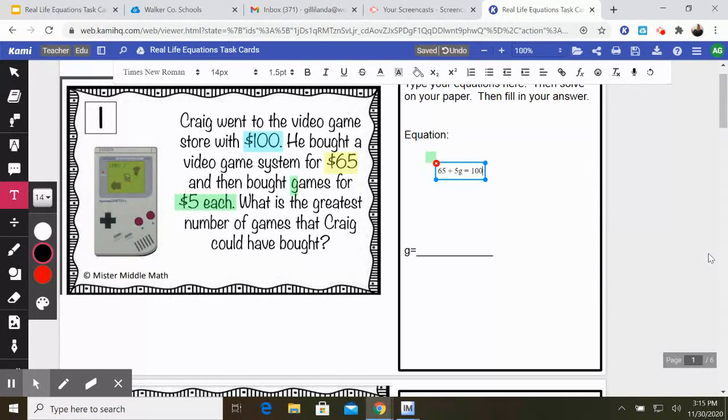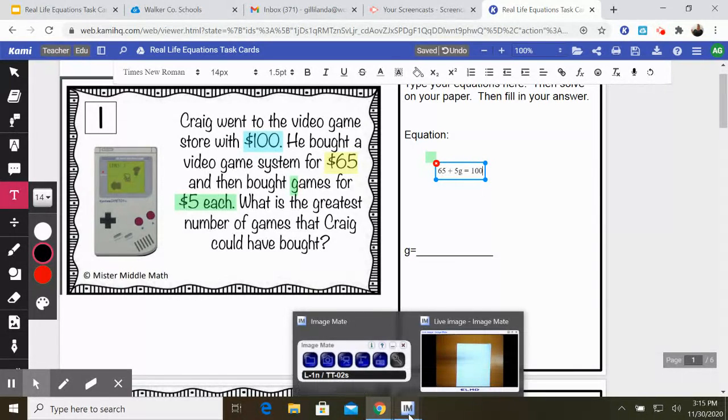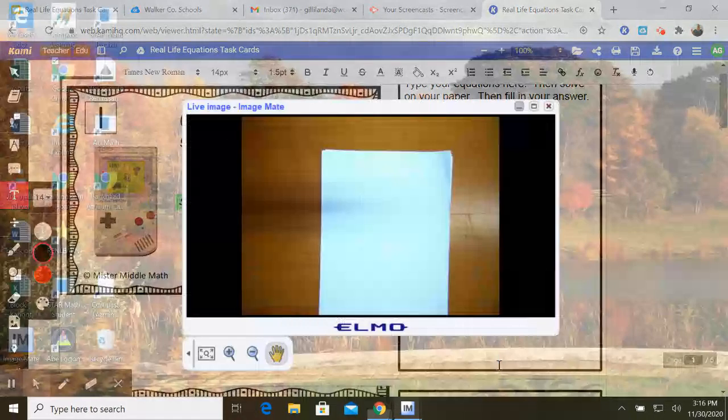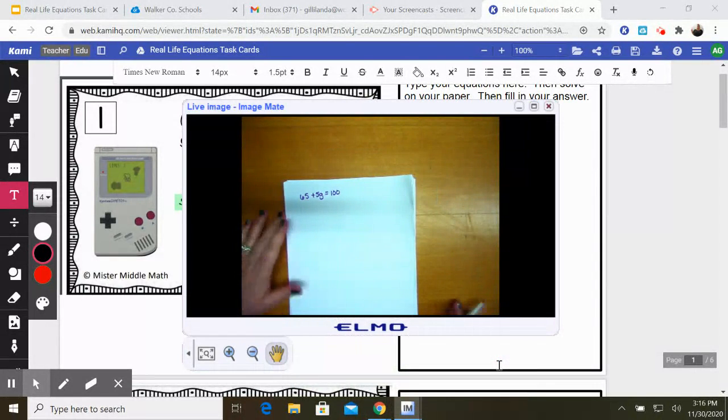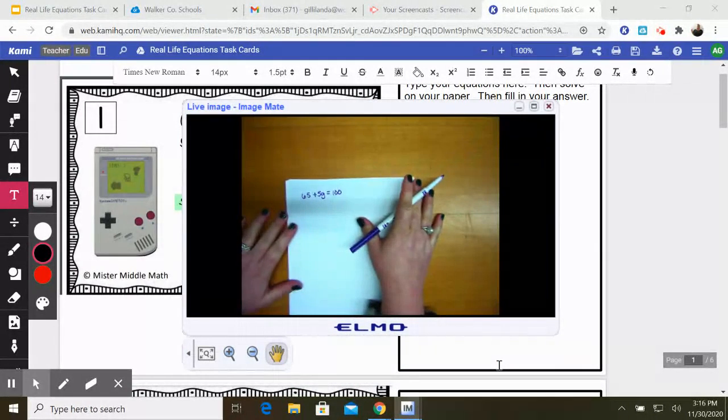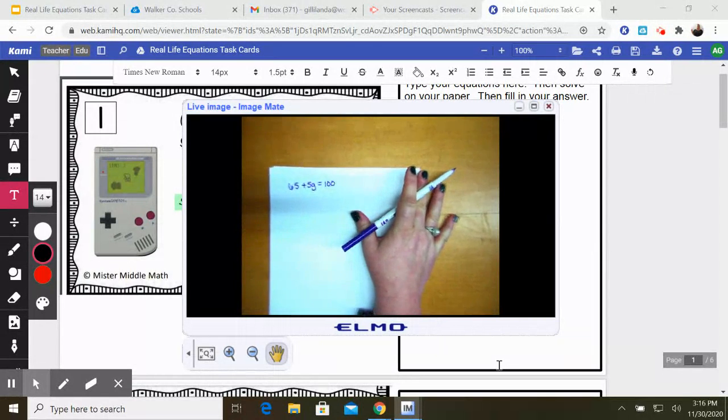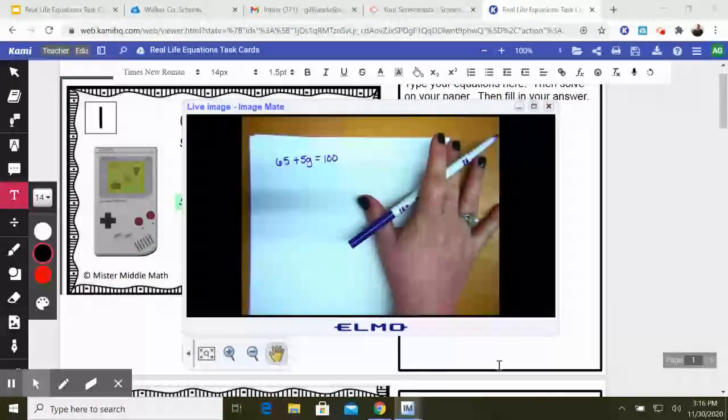So I can now solve this. So I'm going to go to my paper. Let me write it down first. 65 plus 5g equals 100. And I know I'm dealing with dollars. So on my paper, I would have 65 plus 5g equals 100.